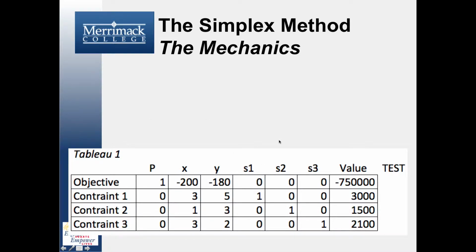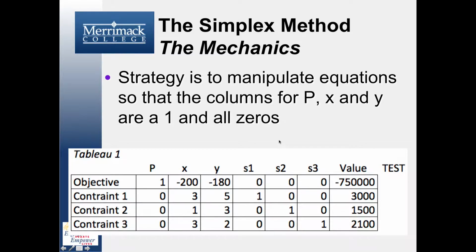Okay, so our first step is to manipulate all of these equations so that we have a 1 with all zeros in each of these main variable columns. So I have that in this first column. I want it in these other two as well.